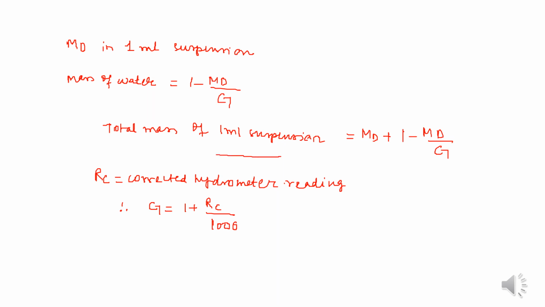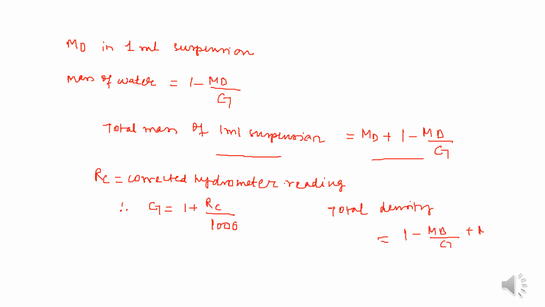Therefore, my total density is equal to the same, right? Since the volume is 1 milliliter, it's 1 minus MD by G plus MD.